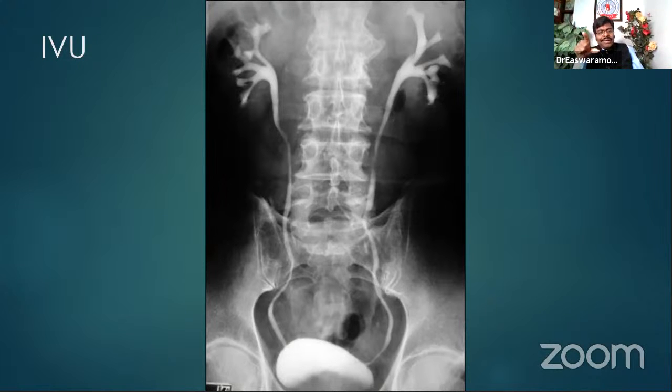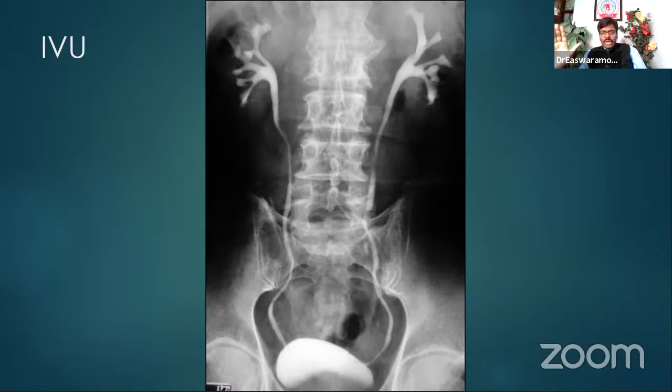Then it goes into the calyces, then the dye comes into the ureter, then to the bladder, and the patient can take a picture before and after voiding, pre-voiding and post-voiding. Like barium, this is also done at 5 minutes, 15 minutes, 30 minutes, pre-voiding, post-voiding. If you tell that, that is enough. There is no need for accuracy of timing.